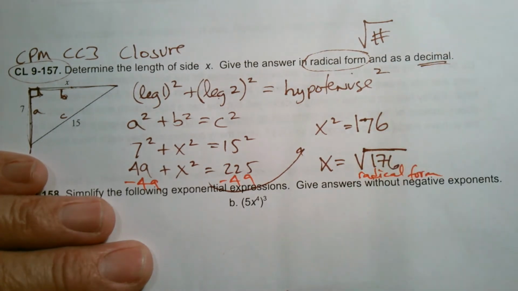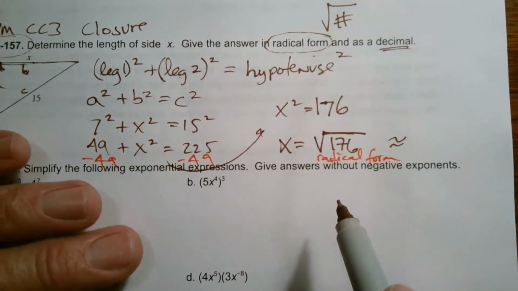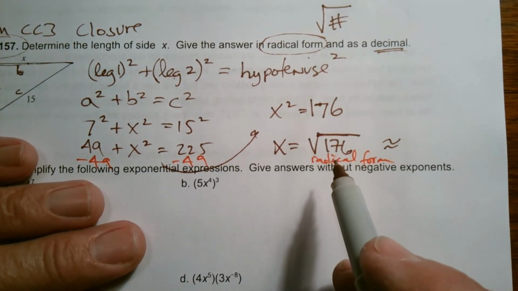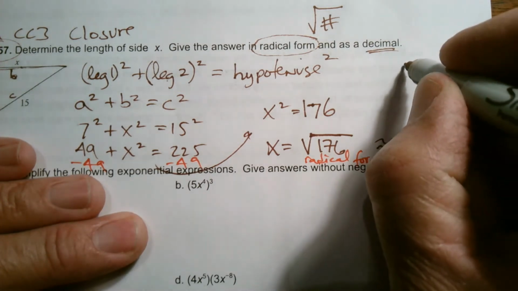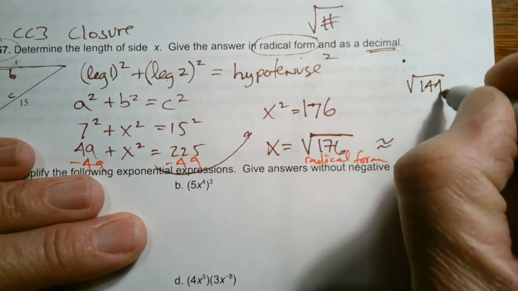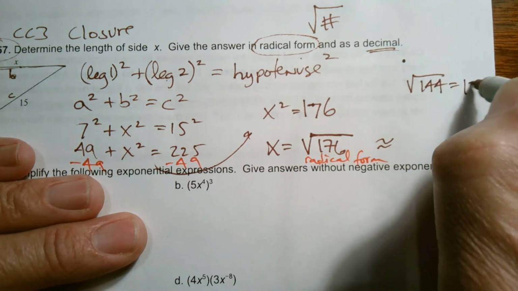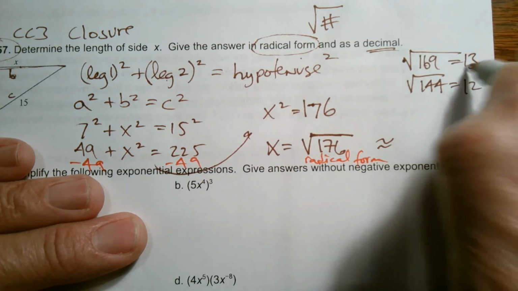And then decimal form would be taking this and approximating it, either using a calculator if you had it or approximation. Remember, with approximation, I can tell you the square root of 144 is equal to 12. The square root of 169 is equal to 13.